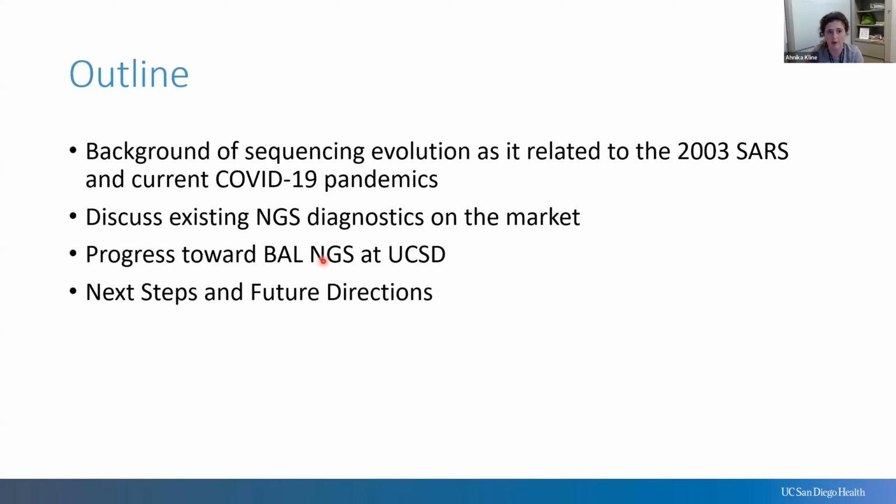I'm going to talk first about sequencing evolution as it relates to two pandemics we can all relate to, the 2003 SARS pandemic and the current COVID-19. Then I'll discuss the existing NGS diagnostics on the market. We're not the first to go in this direction; we're one of many labs thinking about next generation sequencing as a clinical tool and a pathogen detection tool. Then the progress on this project, and next steps and future directions.